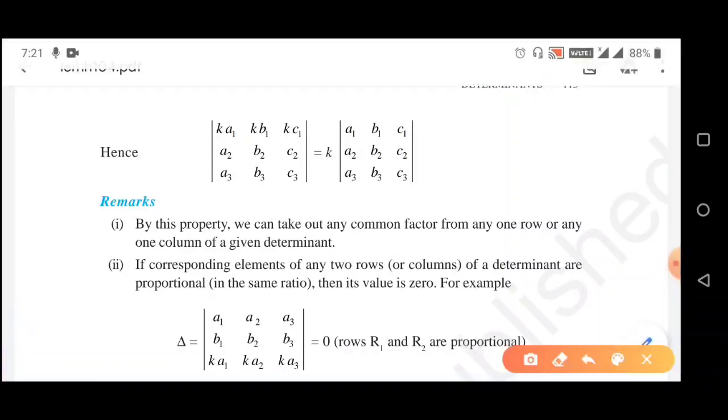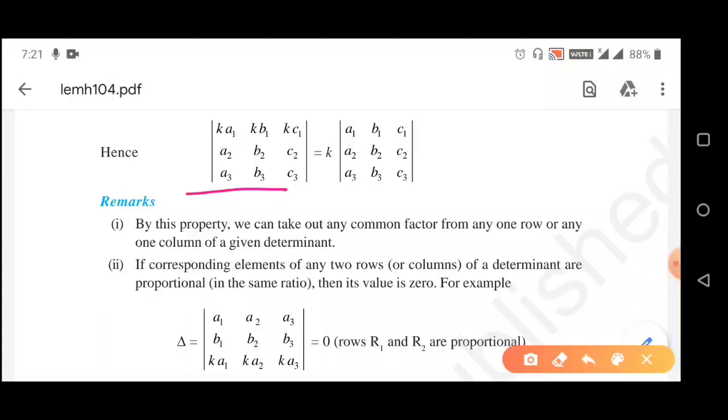So, it is given here that 2 determinants are given. Look at these 2. What they have done, they have taken out k. Since k is in the first row, all the elements of the first row contain k, so we can take this k out from this determinant.